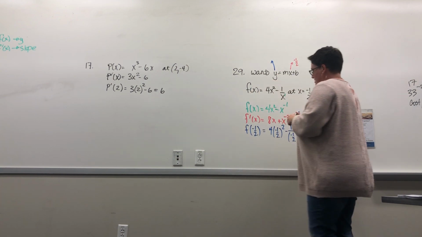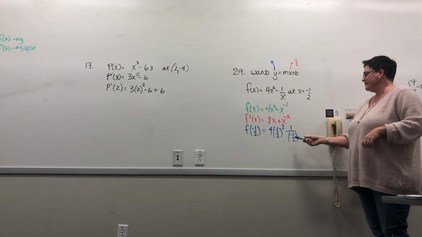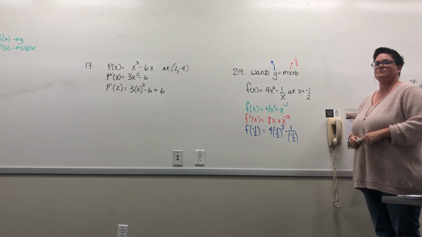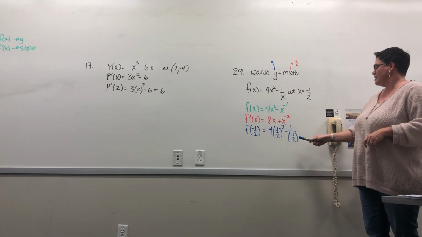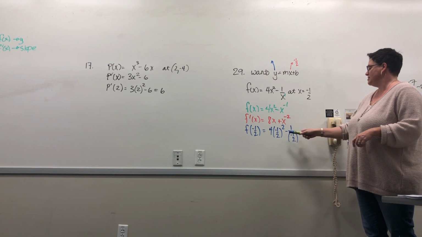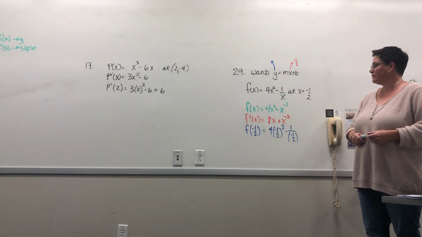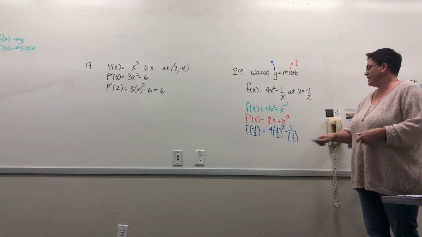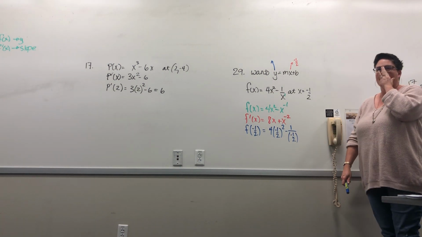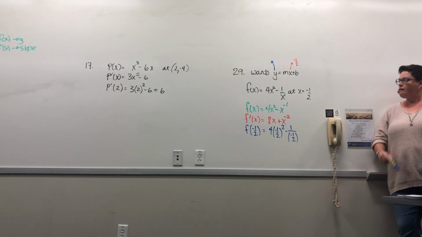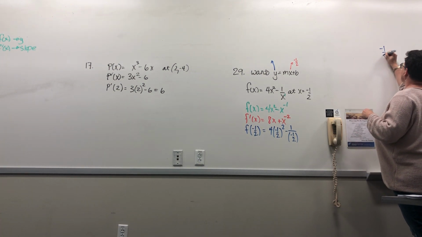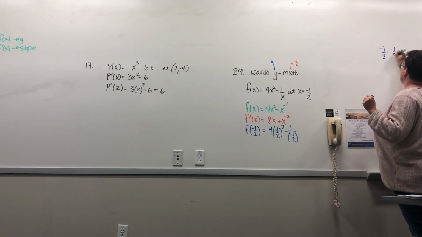Wow, that's beastie, isn't it? Well, it isn't so bad, because negative divided by negative is positive. And this is just going to invert, so this is going to become plus 2 once we simplify it. Negative 1/2 times negative 1/2 is positive 1/4.